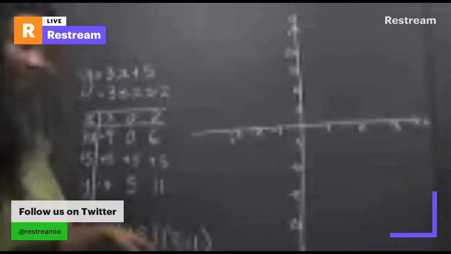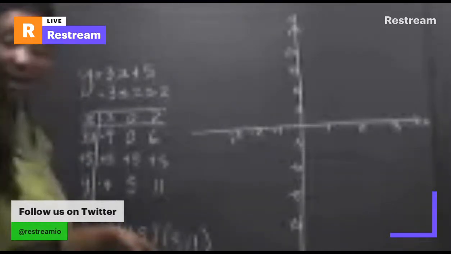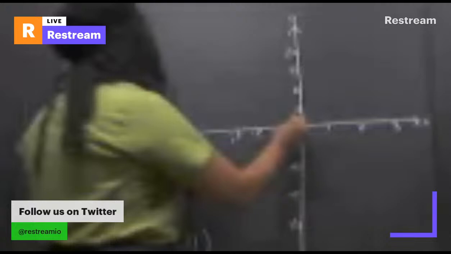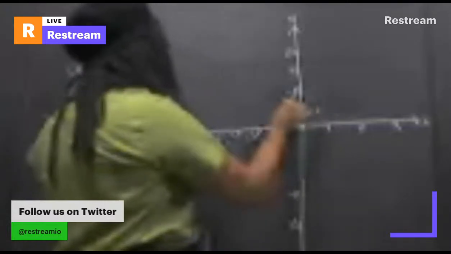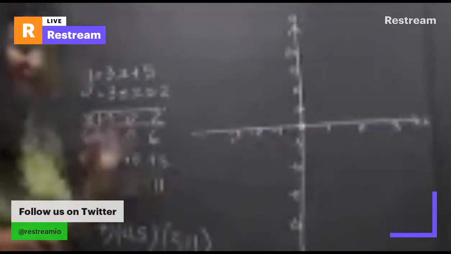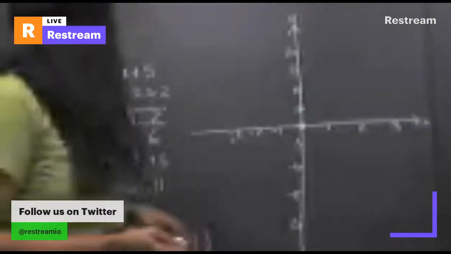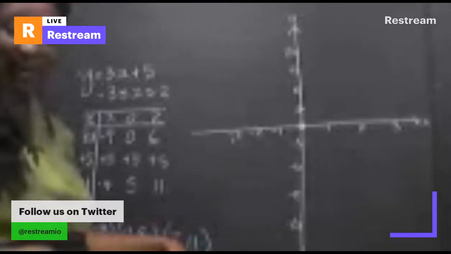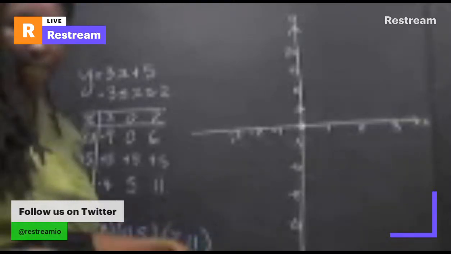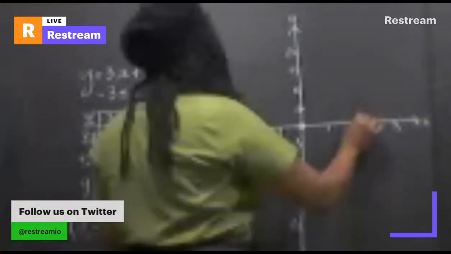So 0 is the origin, so from 0 on the x up to 5. Then 2 on the x, from there we go up to 11.